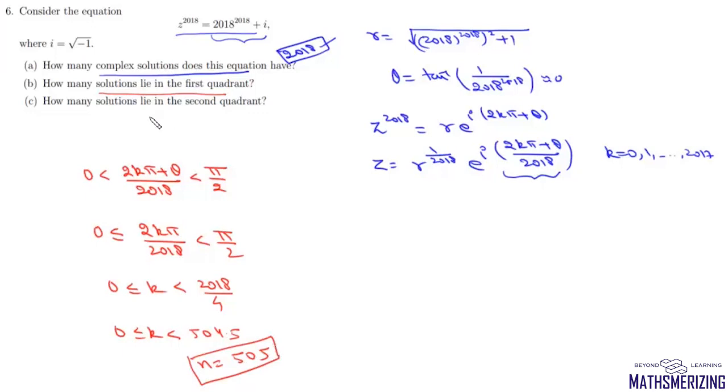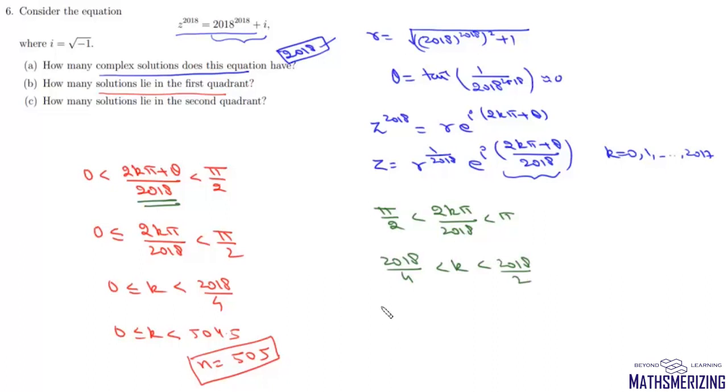Now it says how many solutions lie in the second quadrant. Now for the second quadrant, this value must lie between pi by 2 and pi. So we can write pi by 2 is less than 2k pi, approximating theta, upon 2018, and it is less than pi. So again we'll write 2018 divided by 4 is less than k is less than 2018 divided by 2.